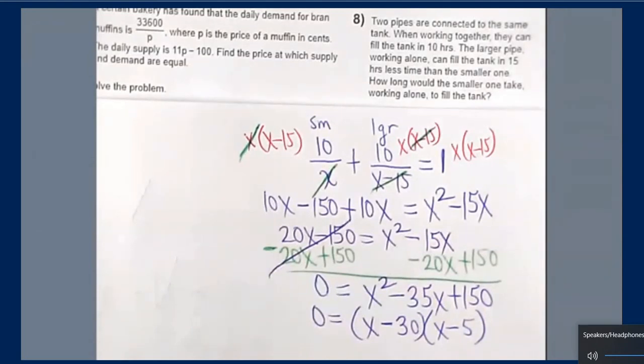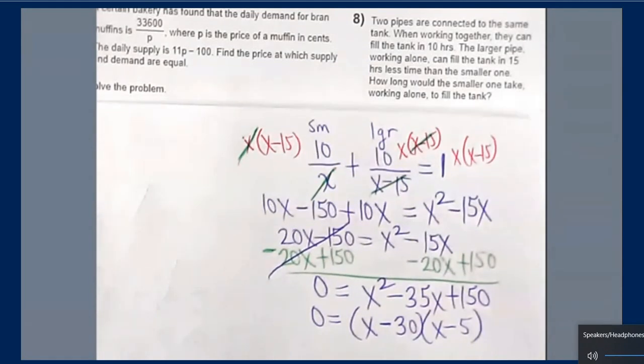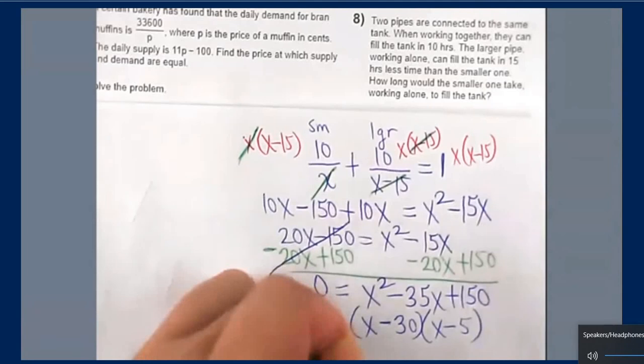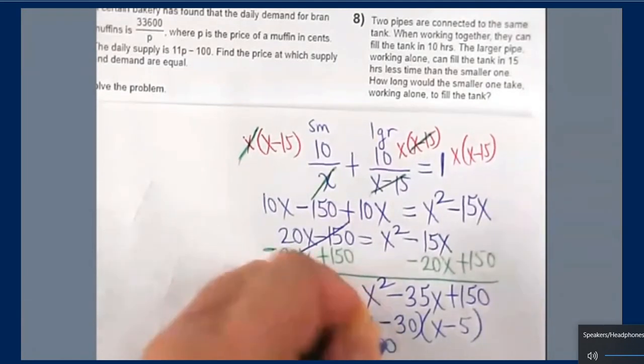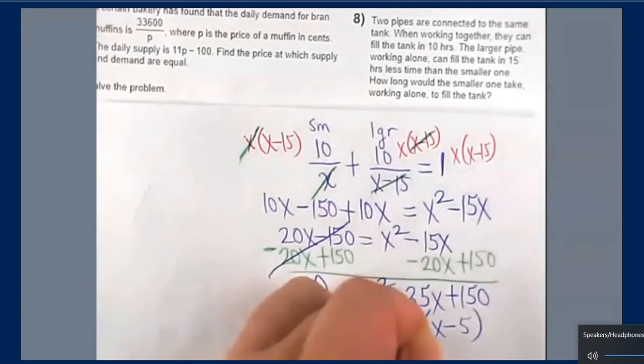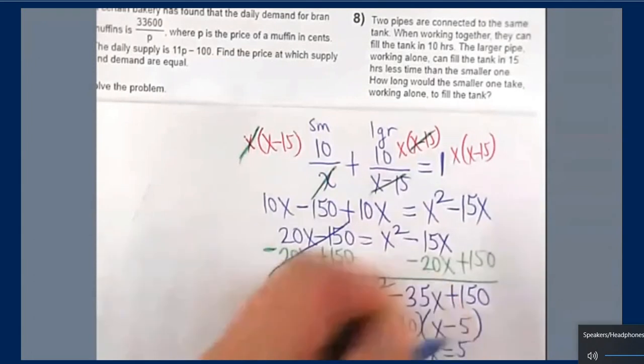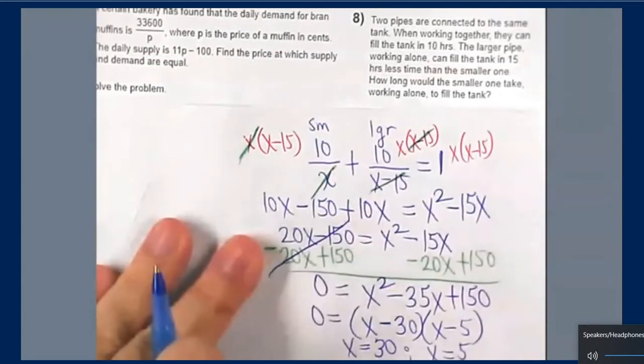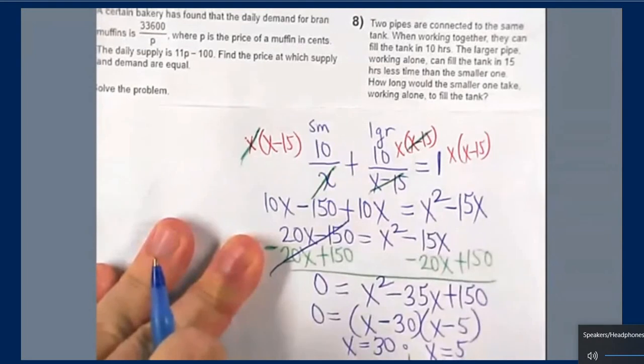And when you solve for each x, you can either set each binomial equal to 0 or you can do opposites. The opposite of a negative 30 is a positive 30. And the opposite of a negative 5 is a positive 5.